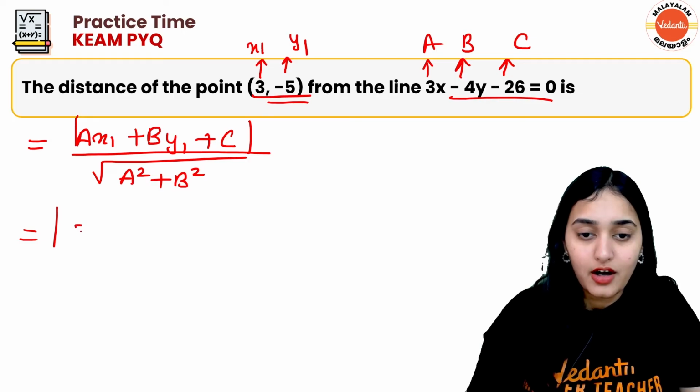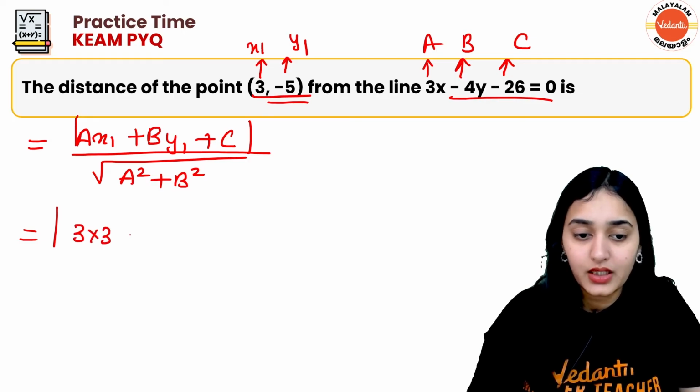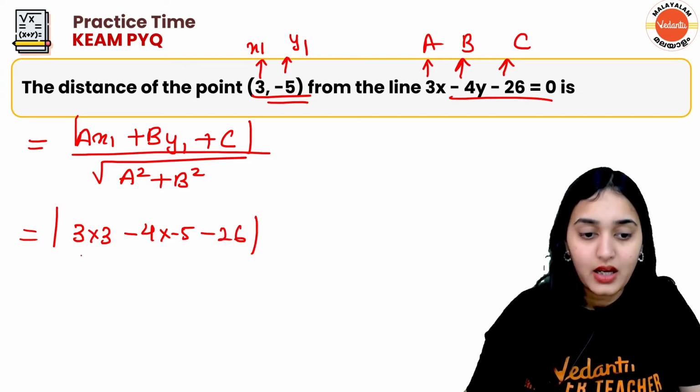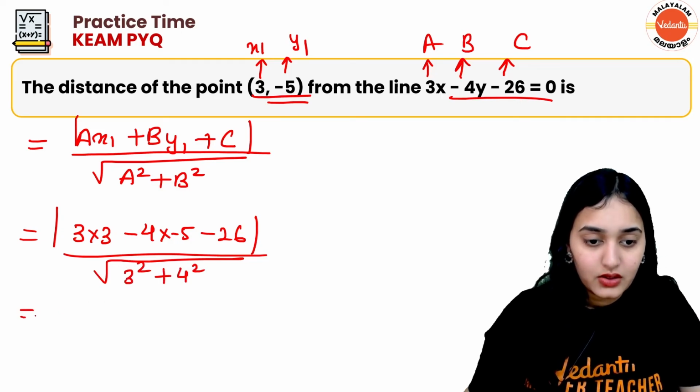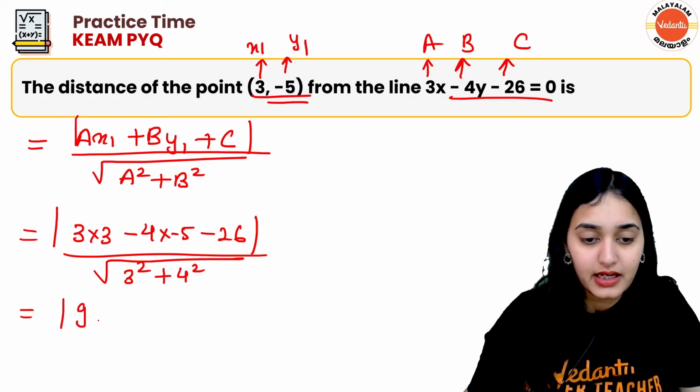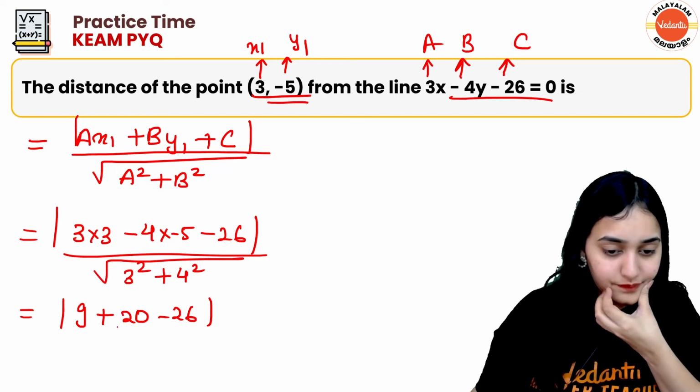So mod value of 3 into 3 minus 4 into minus 5 and minus 26 upon square root of 3 square plus 4 square. So this is 9 plus 20 minus 26.